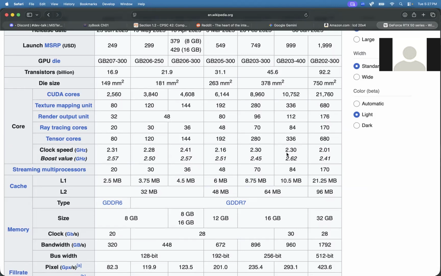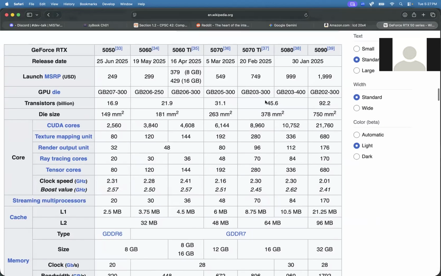Well, what they've done here is they make these chips and then after the chips are made, they test them. If the entire chip is working, it turns into a 5080. And if part of it is broken, then it turns into a 5070.